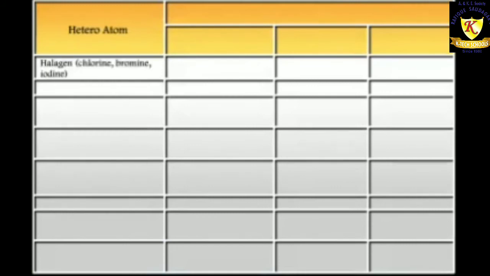Heteroatoms like halogens: chlorine, bromine, iodine. And the functional group name we have is halo, that is chloro, bromo, iodo.